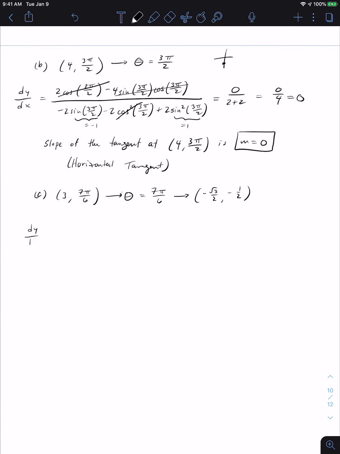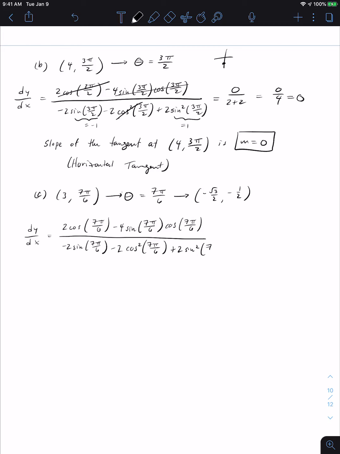Okay, so dy over dx is equal to 2 cosine at 7 pi over 6 minus 4 sine at 7 pi over 6 cosine at 7 pi over 6, all that over top, minus 2 sine at 7 pi over 6 minus 2 cosine squared at 7 pi over 6 plus 2 sine squared at 7 pi over 6.